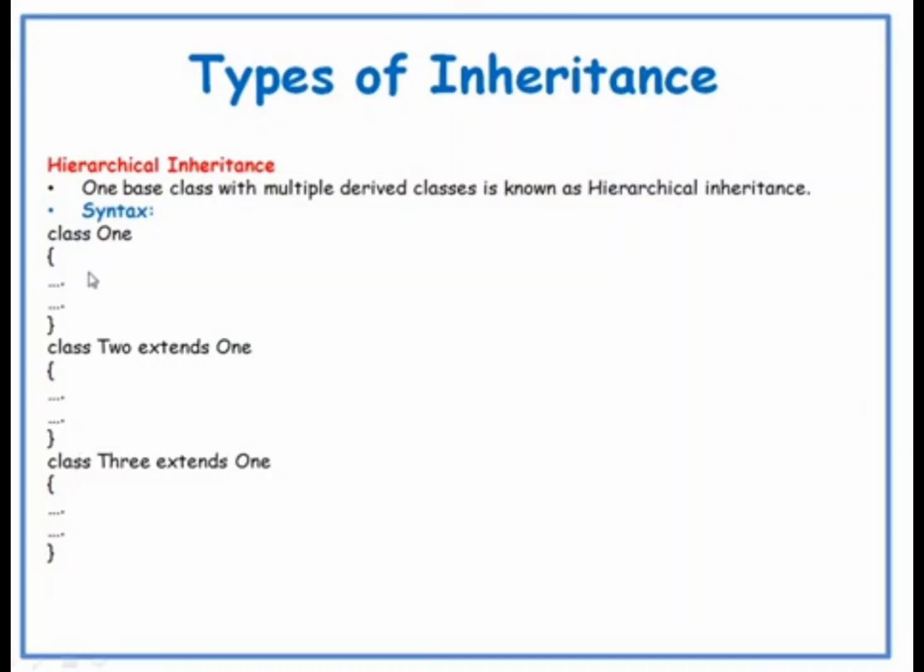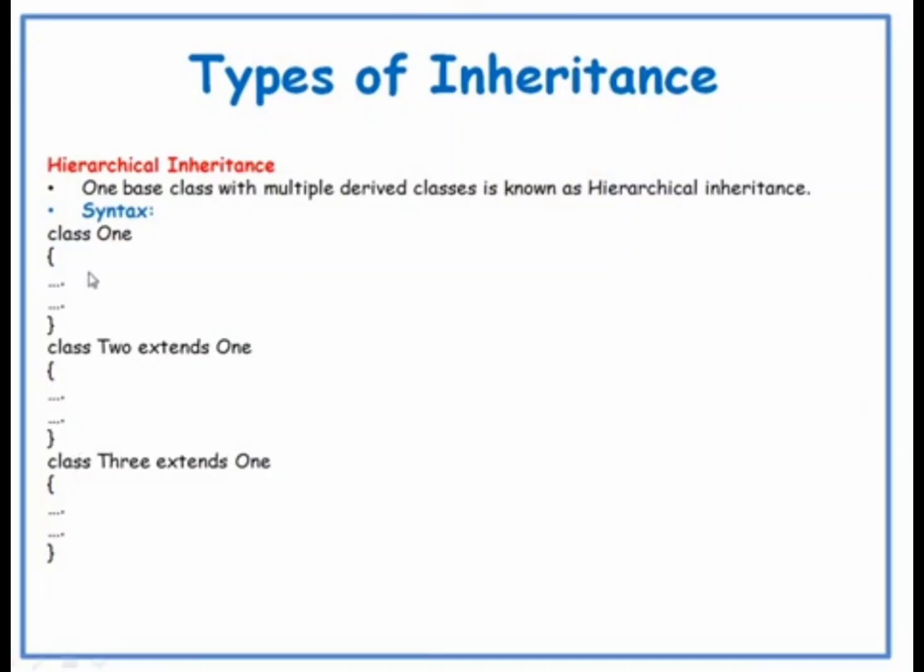Coming to hierarchical inheritance. Hierarchical inheritance: one base class with multiple derived classes is known as hierarchical inheritance. It means one superclass has more than one subclass. And the syntax for hierarchical inheritance: firstly create class 1, and class 2 extends 1, and next class 3 extends 1.